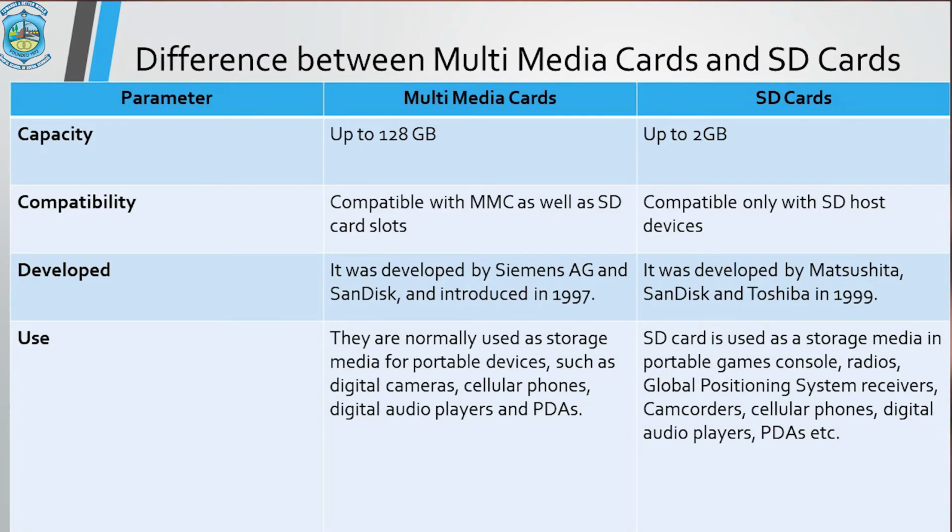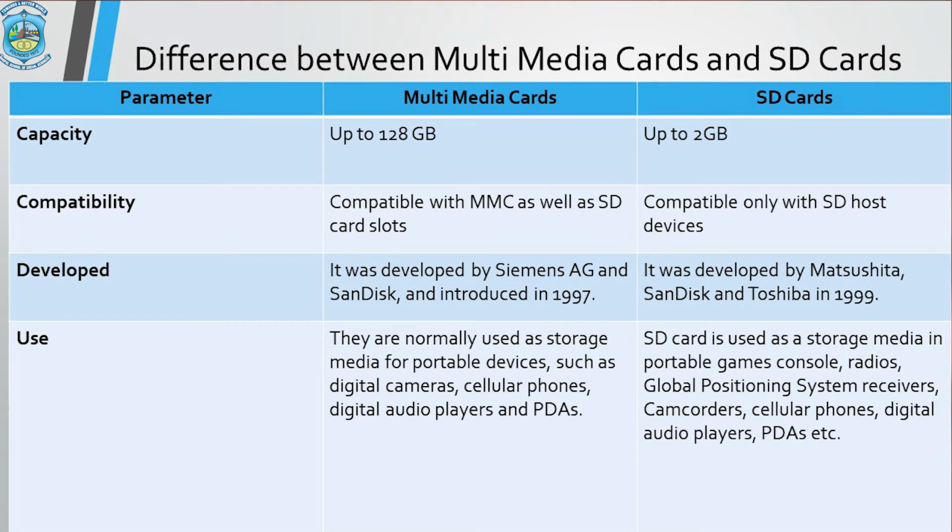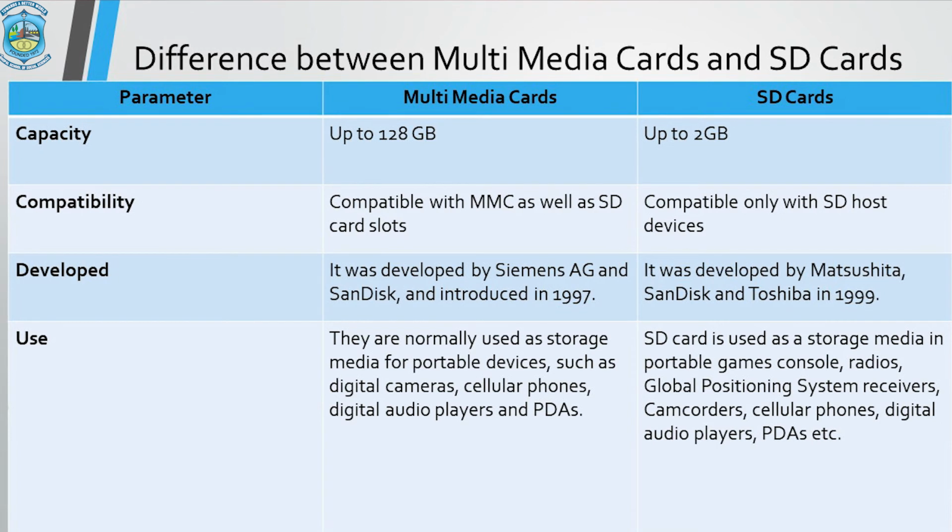Let us now look at the difference between multimedia cards and SD cards. If we talk about capacity, the multimedia cards can have up to 128 GB of capacity, whereas SD cards can have up to 2 GB capacity. If we talk about compatibility, multimedia cards are compatible with MMC as well as SD card slots, whereas SD cards are compatible only with SD host devices.